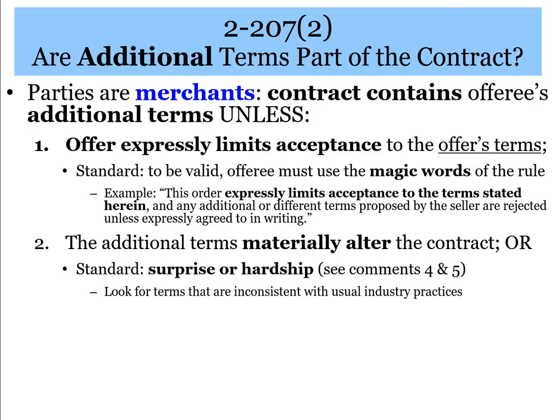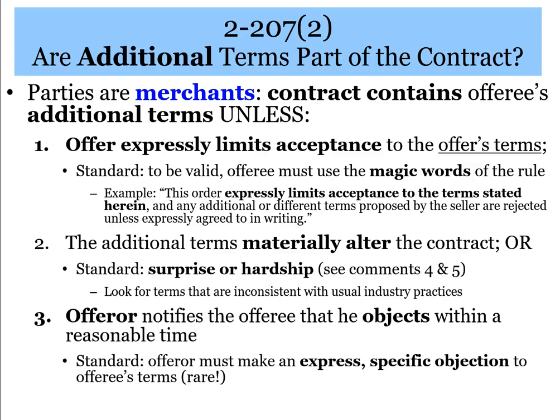In comments 4 and 5 to the UCC code provision, the drafters tell us that surprise means something unexpected, and hardship means that it poses substantial economic hardship. The comment also provides examples, most of which focus on whether the additional term is within customary ranges for that particular industry.